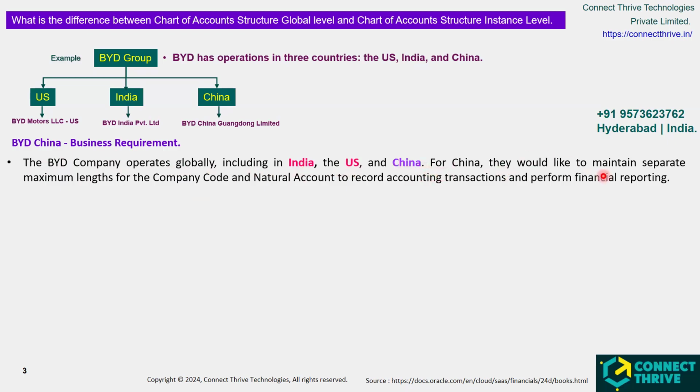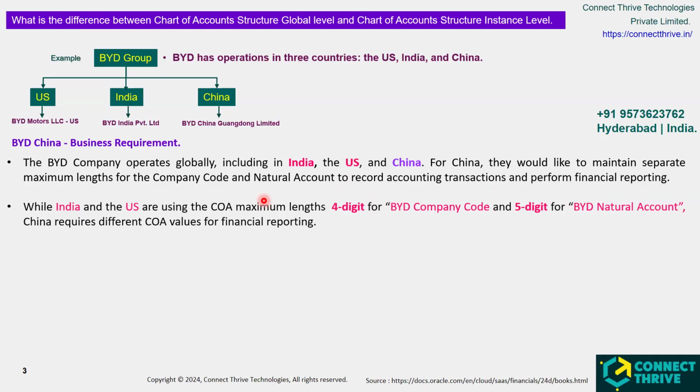For China, they would like to maintain a separate maximum length for company code and natural account to record their financial transactions and perform the financial reporting. China would like to maintain the value set maximum length for company code and natural account in a different way compared to US and India.